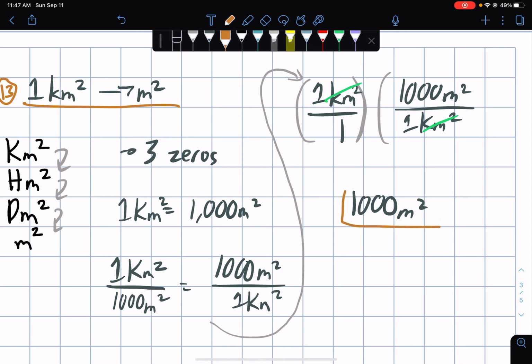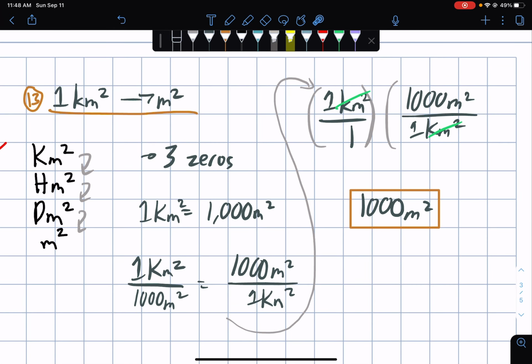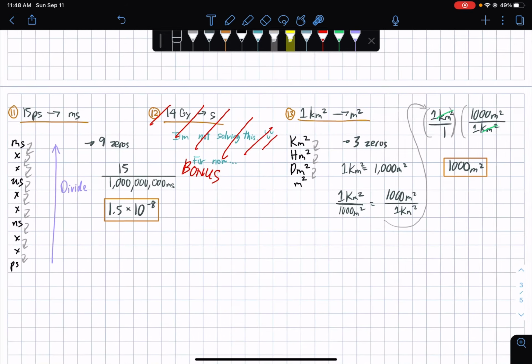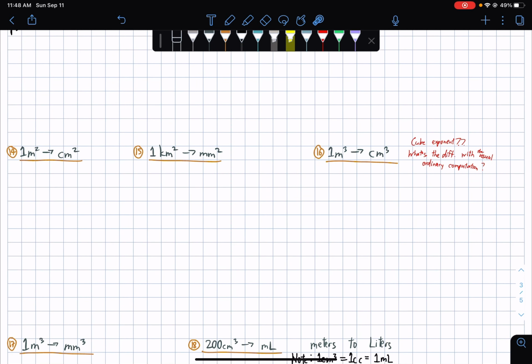I'm not sure why we still have to execute these solution processes when it's already obvious that 1 km squared is already 1000 meters squared. What was only different compared to the ordinary is that we have squared. We have an exponent that's greater than 1 in our measurements. So let's move to number 14.